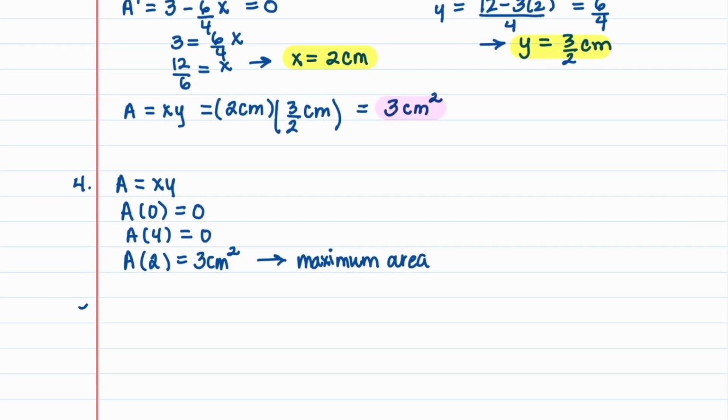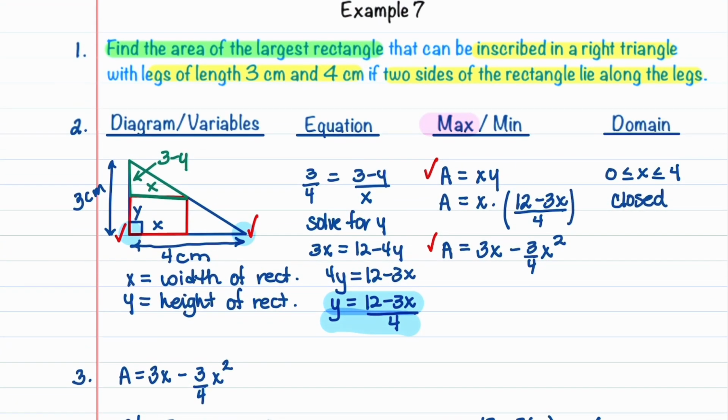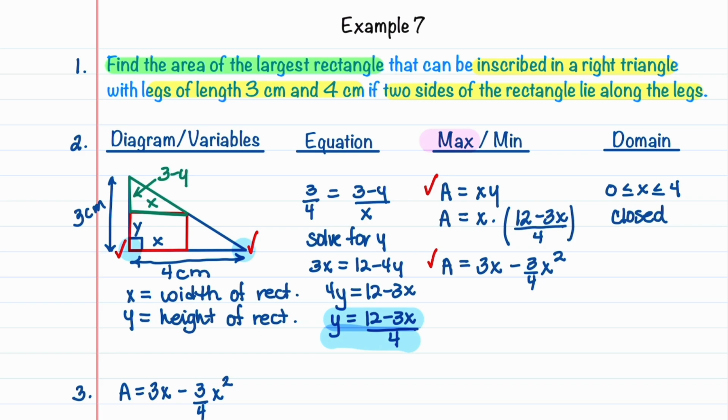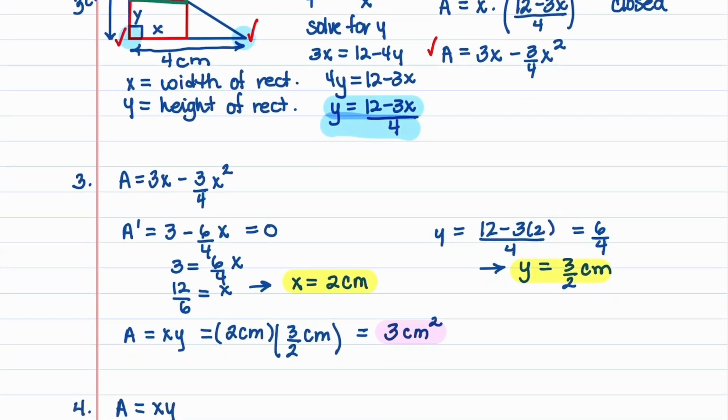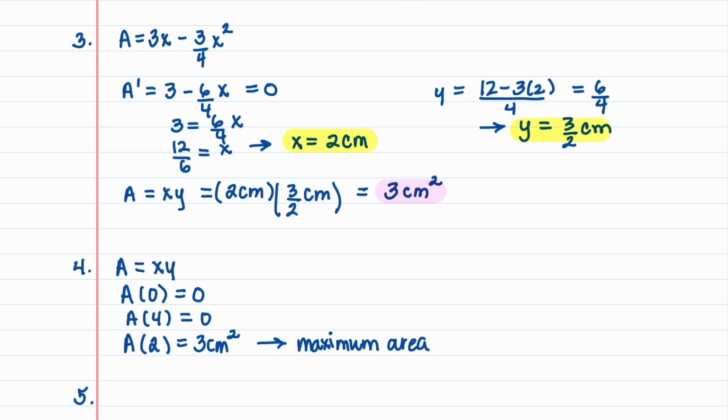Now we're almost done. Our last step is to reread our problem and clearly state our final answer in a complete sentence. Let's go back up to our problem. We want to find the area of the largest rectangle, so we have to state what the area is.